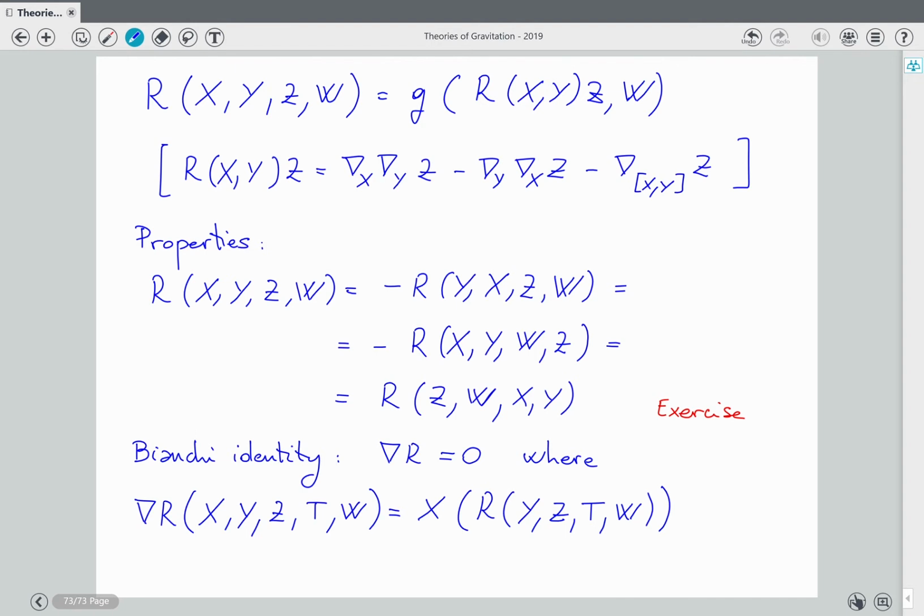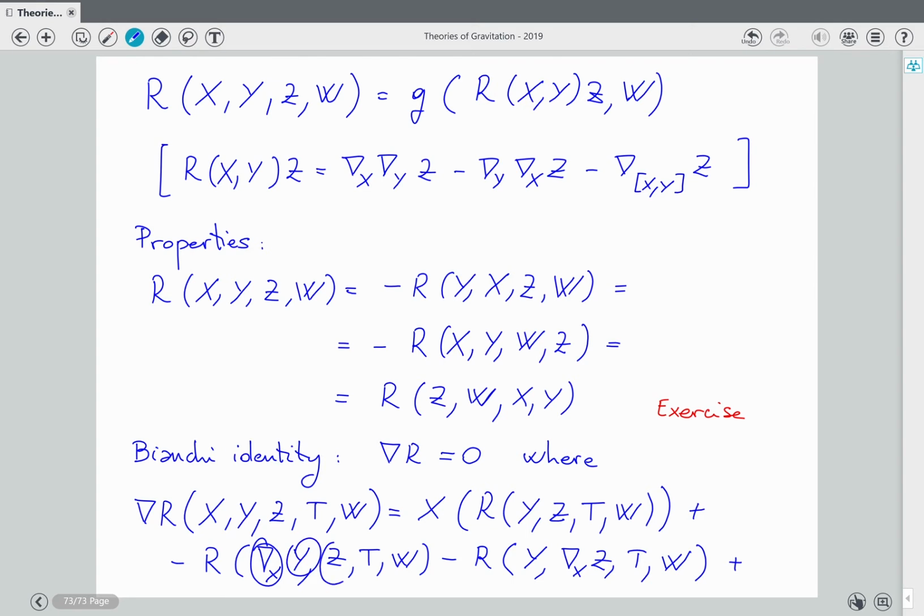And then you have minus R acting on del x y, and the other 3. Minus R acting on y, del x z, and the others, and so on. So del x in turn acts on y, z, t, and w. You have 4 terms, and you subtract them all.